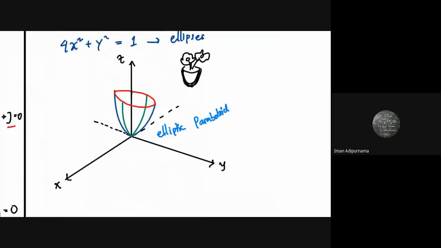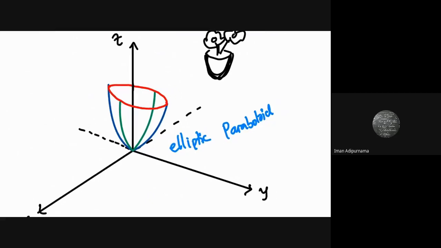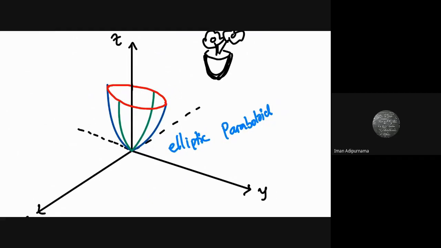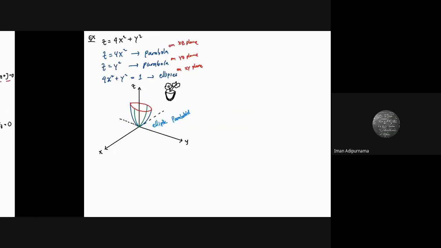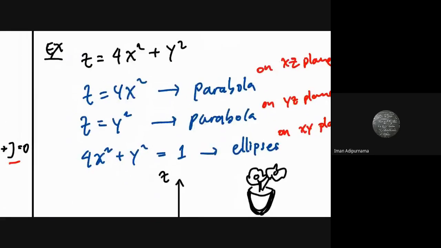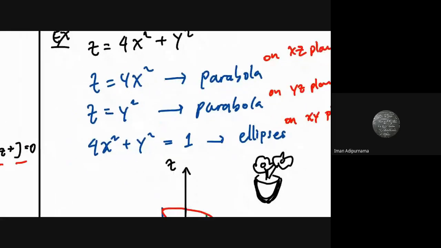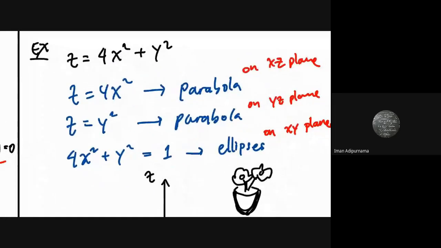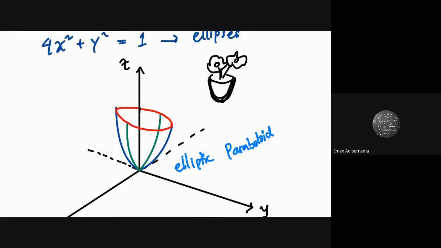Also here, we can make this ellipse become a circle. If the equation becomes a circle, for example, if this is z equals x squared plus y squared, then it will be a circle, not an ellipse.